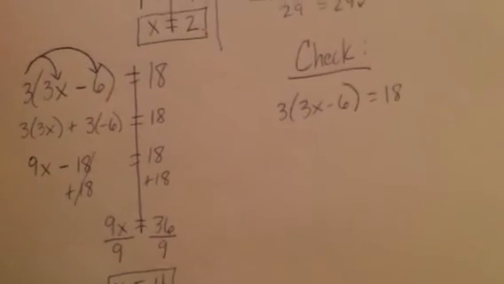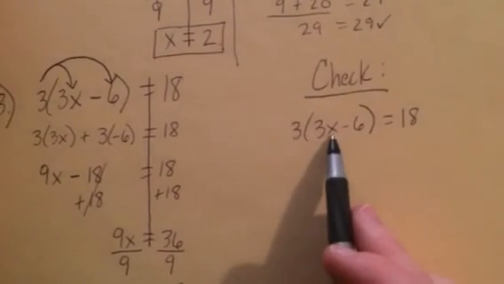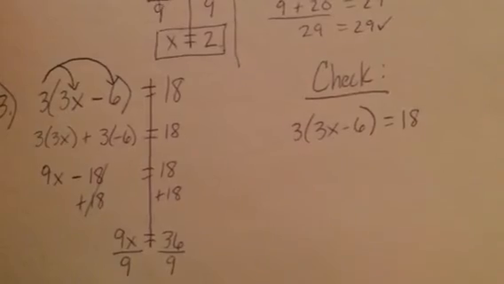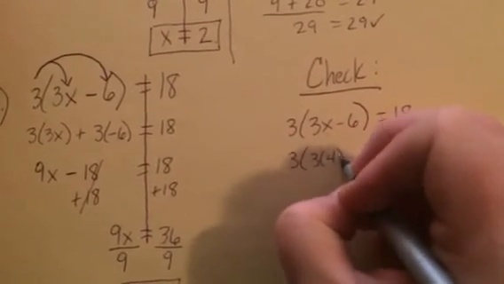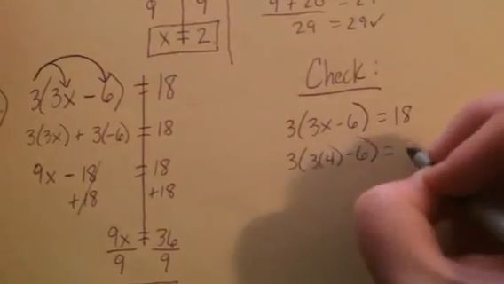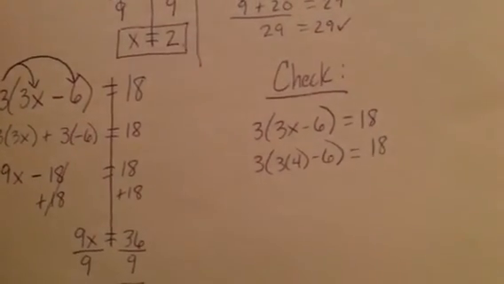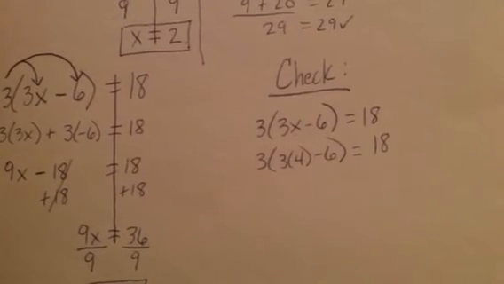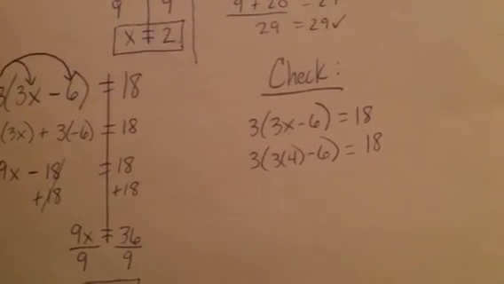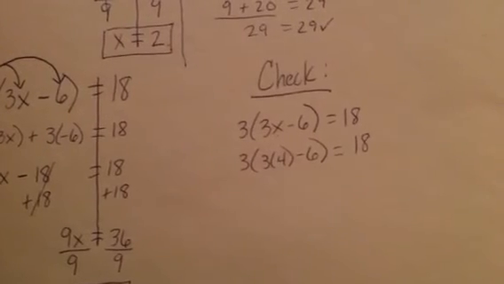And I have to put my 4 in where I see my x. And then again, we're going to use the order of operations in the correct way, the right order. And you'll see that this will make the equation true also. So to do that, I should get an 18 after I do the correct order of operations. So let's see what happens. Okay, so first I need to focus on inside the parentheses.